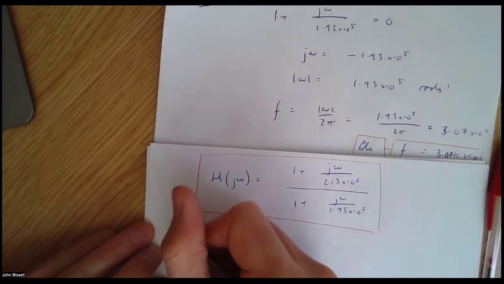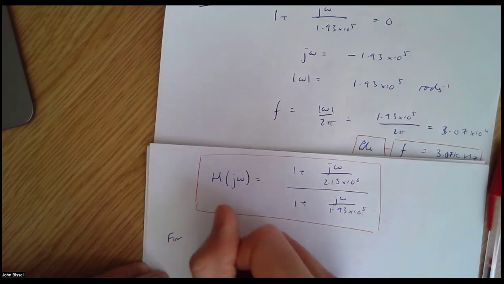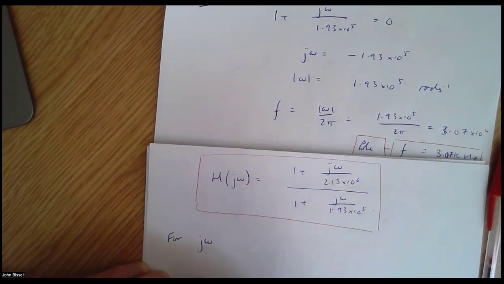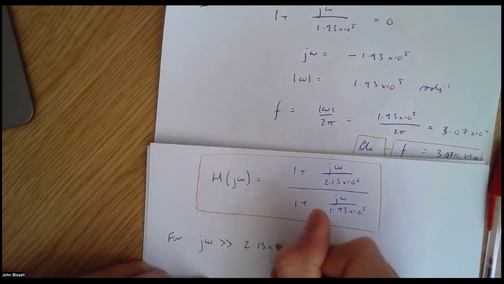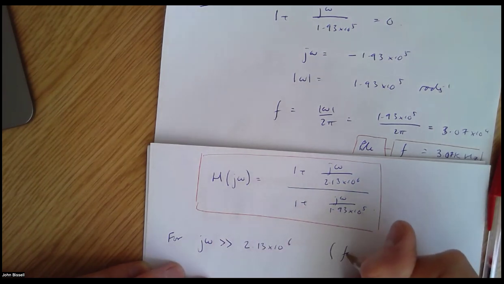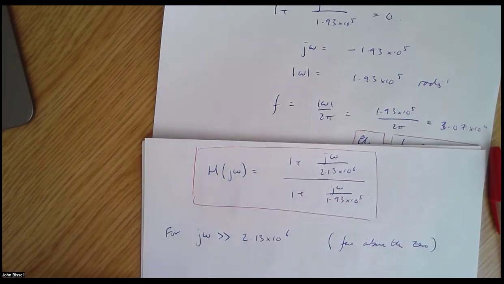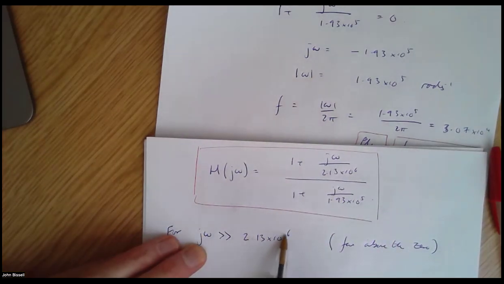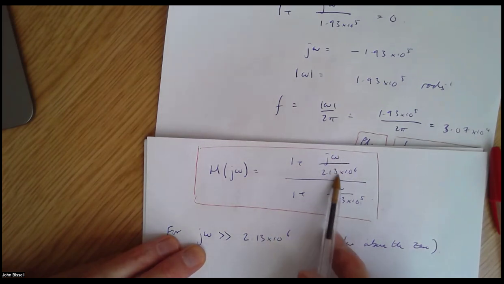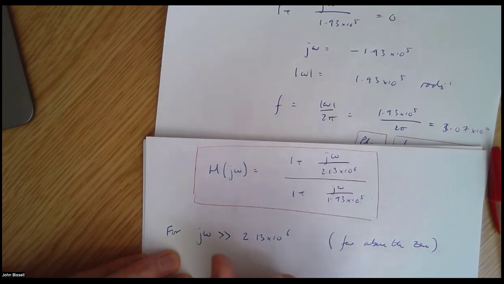So, for j omega much bigger than the zero, far above the zero, we can look at this equation here and say, well, if j omega is much bigger than this thing here, then the numerator is basically j omega over that.